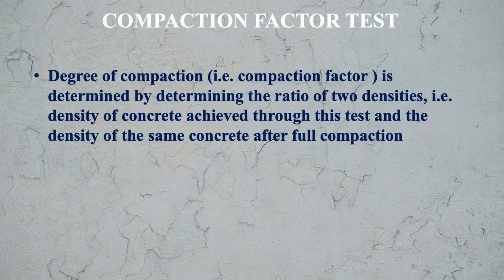It is determined by the ratio of two densities. What are these two densities? The density of concrete achieved through this test and the density of the same concrete after full compaction.